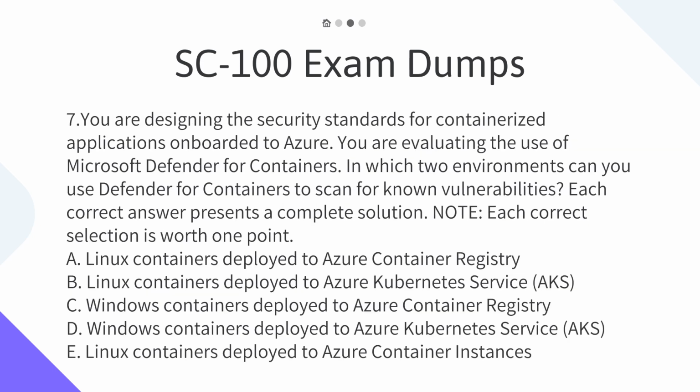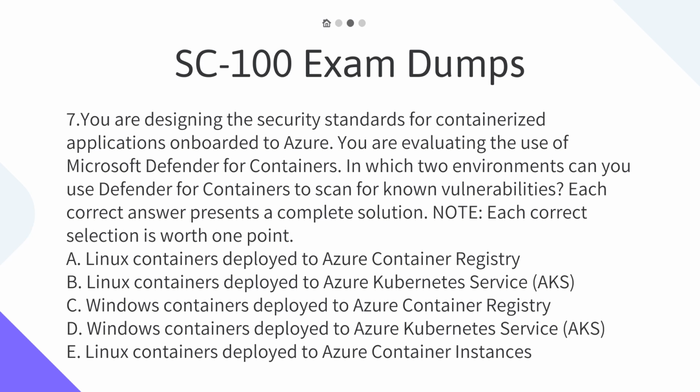7. You are designing the security standards for containerized applications onboarded to Azure. You are evaluating the use of Microsoft Defender for Containers. In which two environments can you use Defender for Containers to scan for known vulnerabilities? Each correct answer presents a complete solution. Note: each correct selection is worth 1 point.